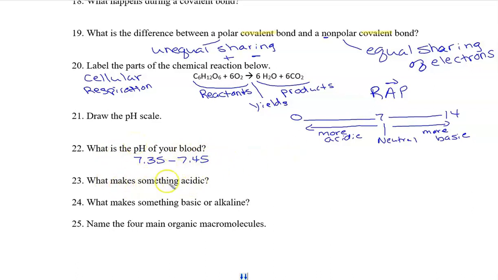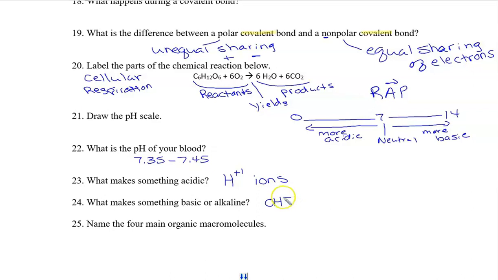What makes something acidic is what we call hydrogen cations, so H plus 1 ions. So hydrogen ions. That's a cation, by the way. What makes something basic is actually an ion as well.